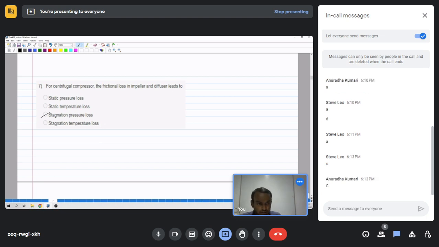See, yes, it will lead to stagnation pressure loss. If you draw the TS diagram, then you will know.